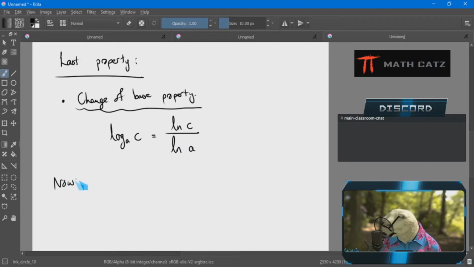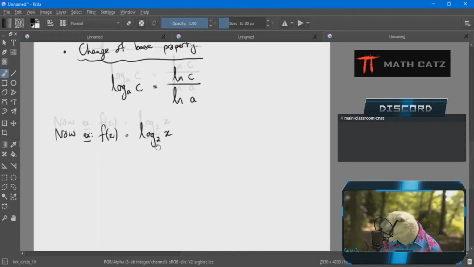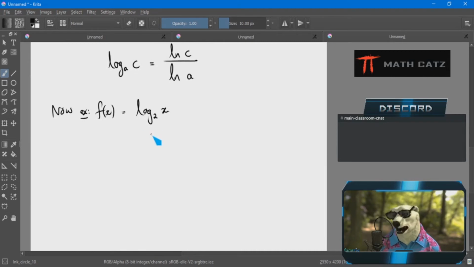Now, let's take our general base log function. Let's take 2. Let's just make an example here. I find 2 to be surprisingly easier to look at than a, though there's no difference. So now what I'm going to do is I'm going to say, well, I don't know the derivative.